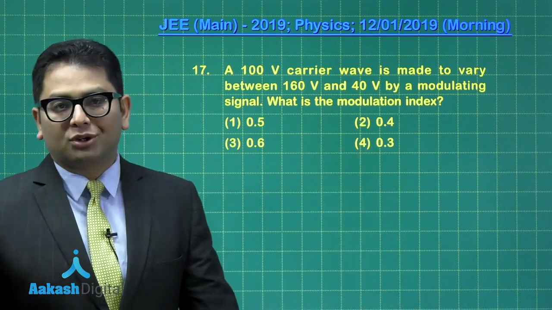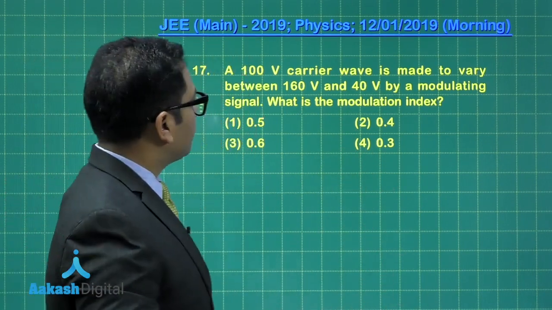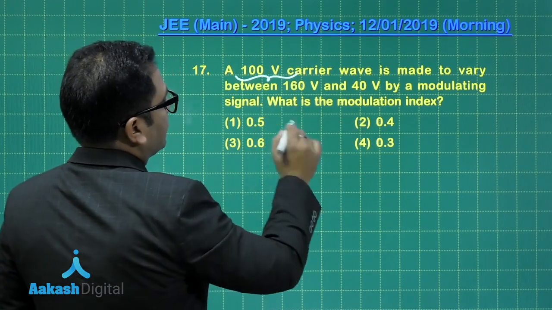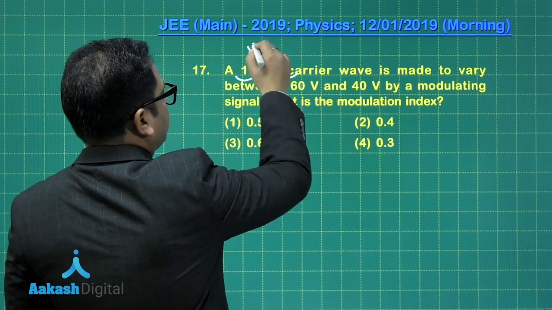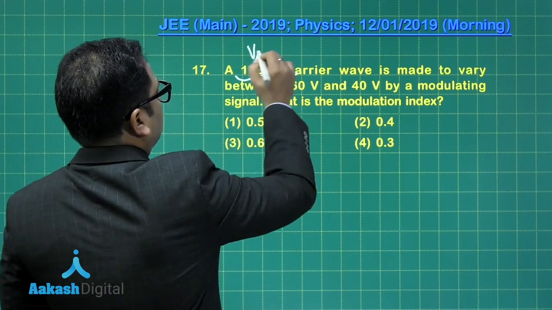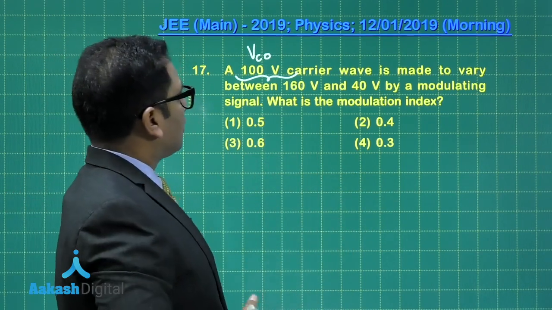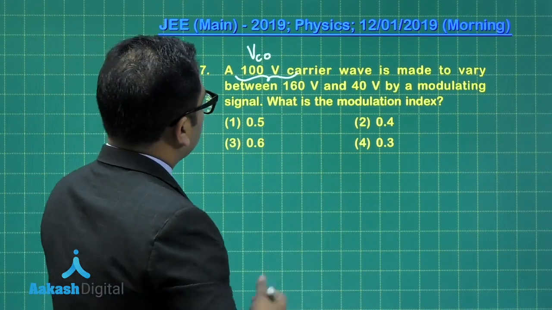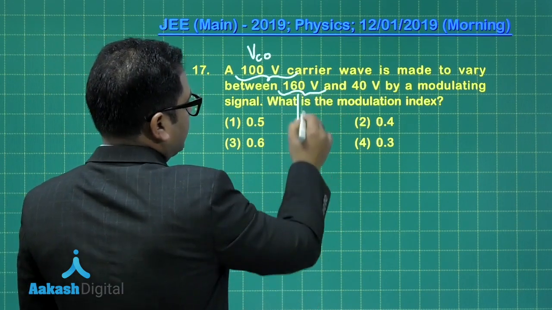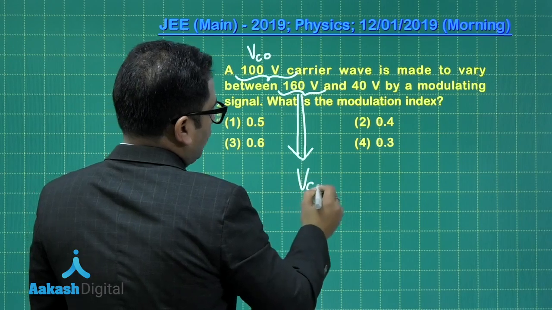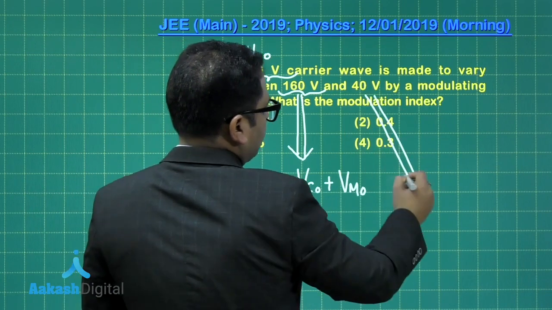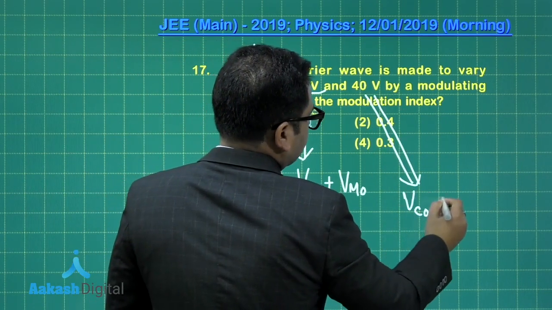It's a very straightforward question that has been generated from AM. A 100 volt carrier wave is made to vary between this. So if this is the VCM or VC naught, the amplitude of the carrier, and it is made to vary between 160 and 40, quite obviously this is VCO plus VMO, and this is VCO minus VMO.